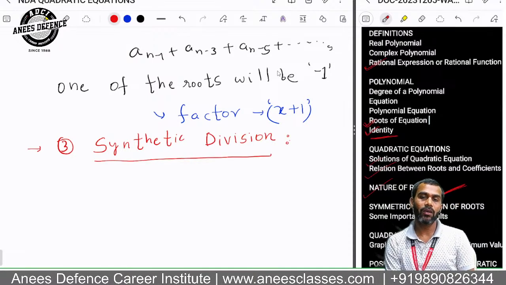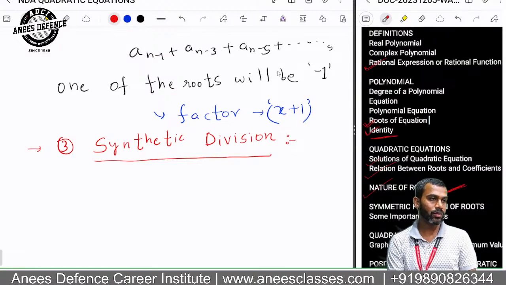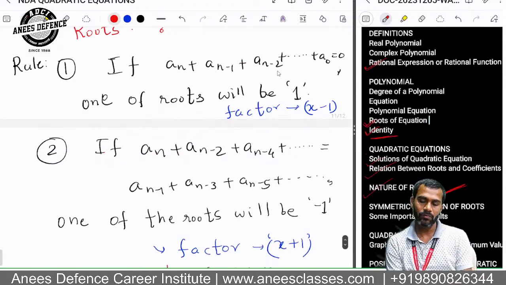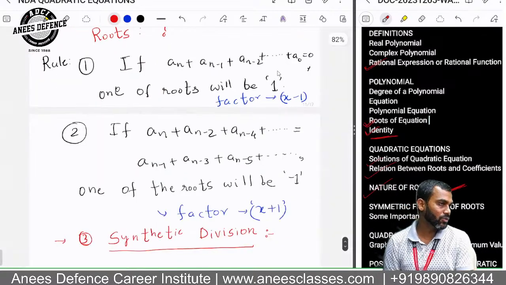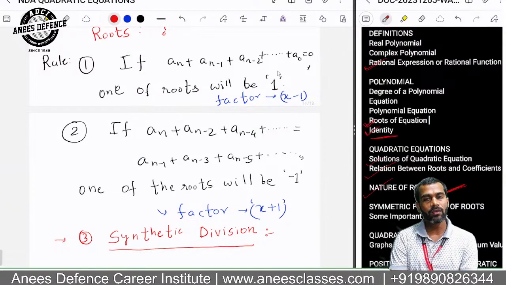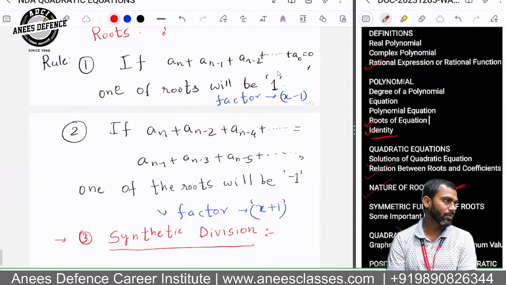Why do we need this particular method to find out the roots? The second type of questions may be very difficult, yes or no, to find all the roots every time. So these types of questions generally don't come in the exam. Are you getting my point?